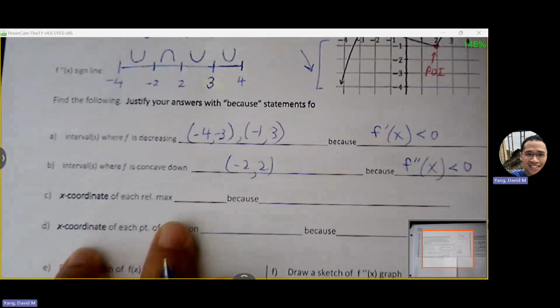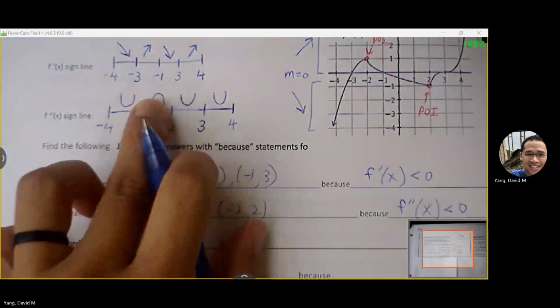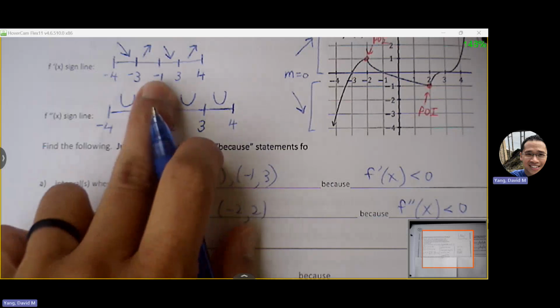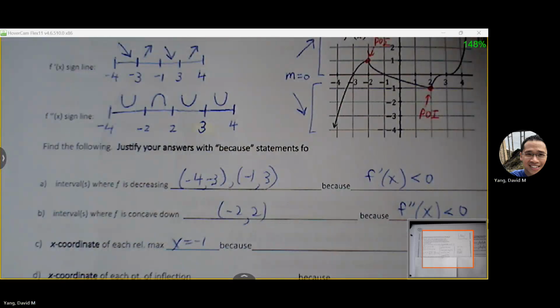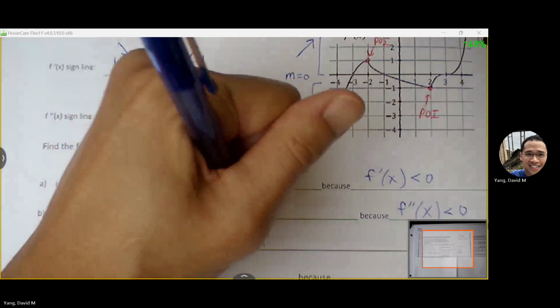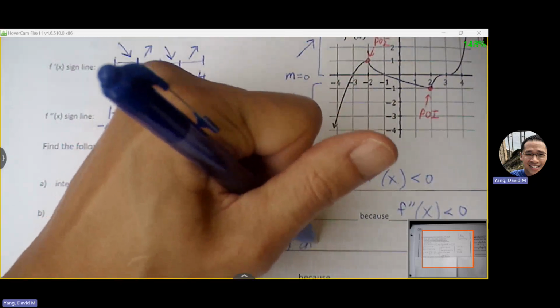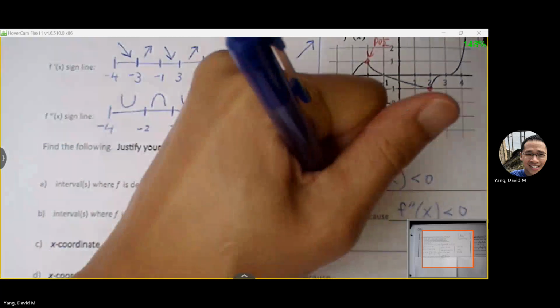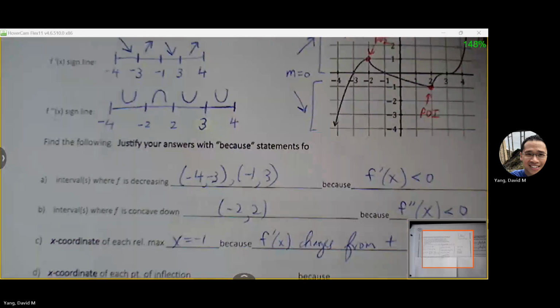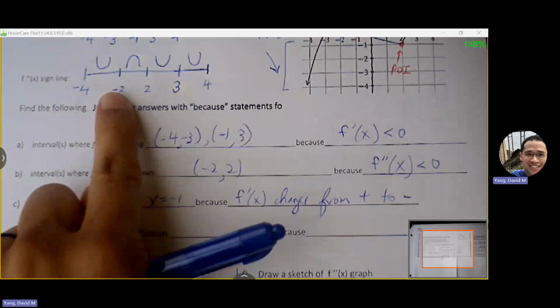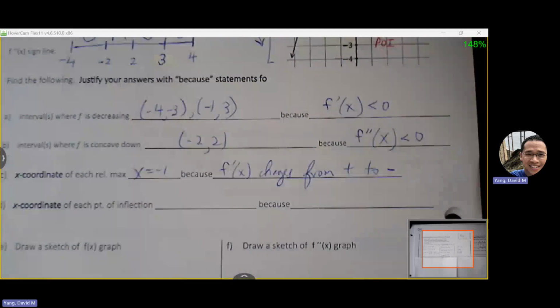There's a relative maximum at x equals -1, because f prime changes from positive to negative. And there's a point of inflection at -2 and 2 because f double prime changes.